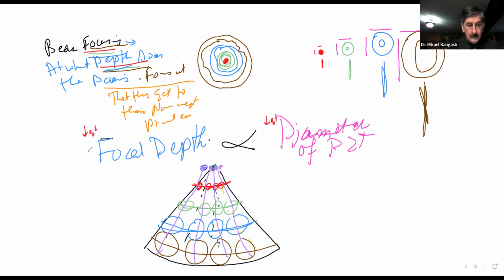Whereas this would be at a greater depth because of a greater diameter. The blue one would be at an even greater focal depth because of a greater diameter. And the last, the greatest, because of the greatest diameter.